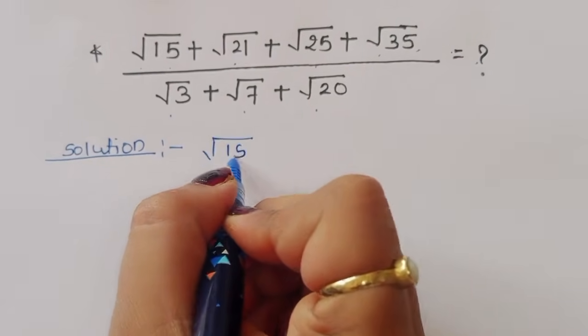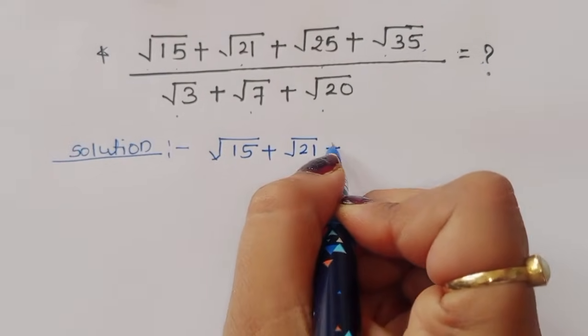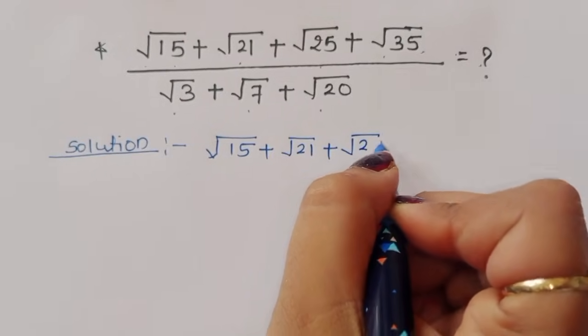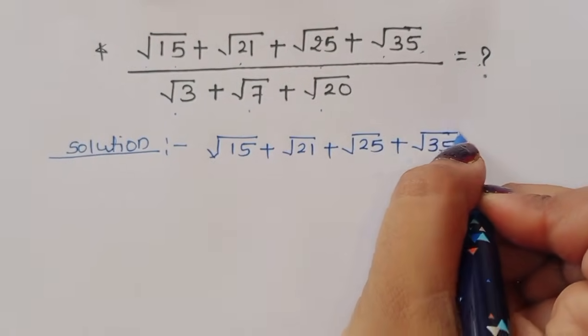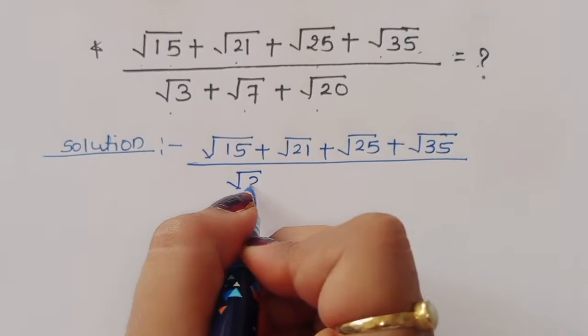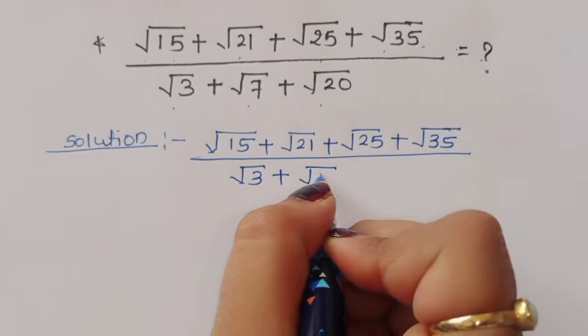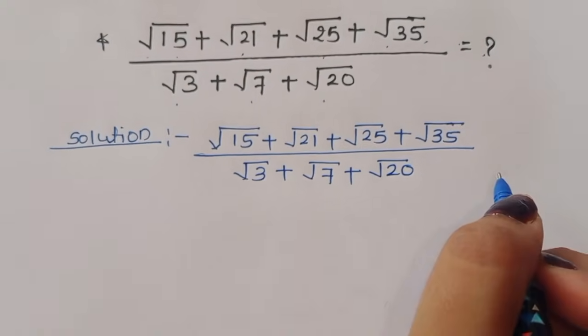(√15 + √21 + √25 + √35) divided by (√3 + √7 + √20), right?